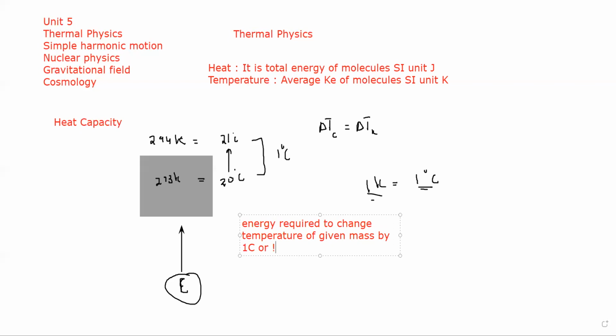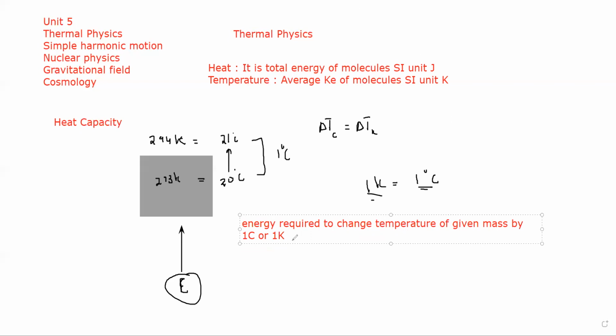We call that heat capacity. The temperature change here refers to the amount of energy removed so that the temperature drops by 1 degree centigrade, or the amount of energy supplied so that the temperature changes by 1 degree centigrade.